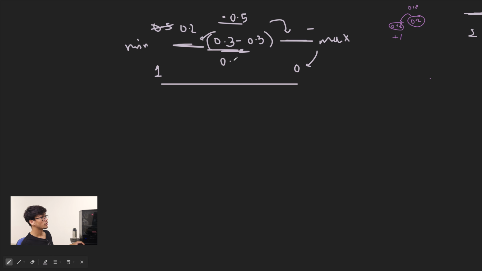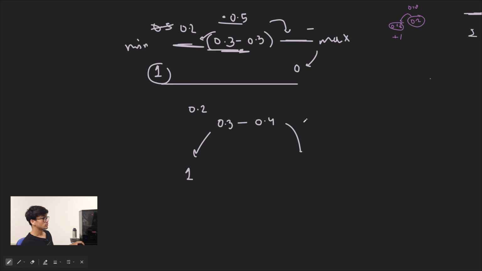But what if a number falls in between? Let's say 0.35, and the range is from 0.3 to 0.4. Now the range is from 0.3 to 0.4. So when we input something which is smaller than this range, you will get this value, which is 1.